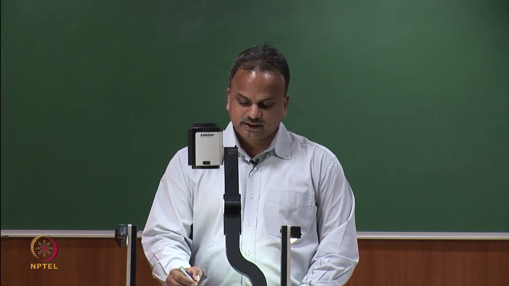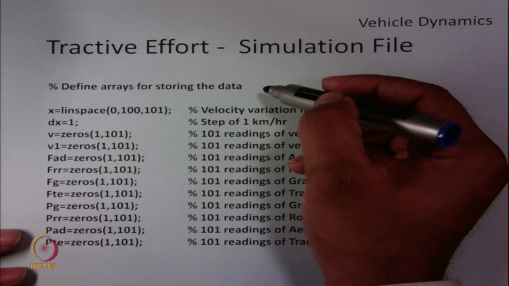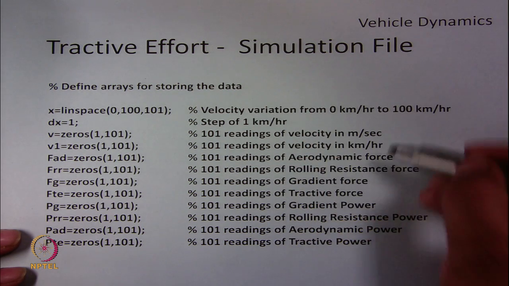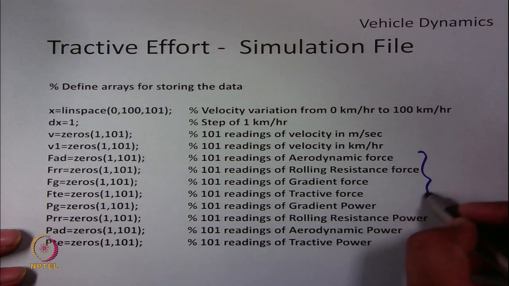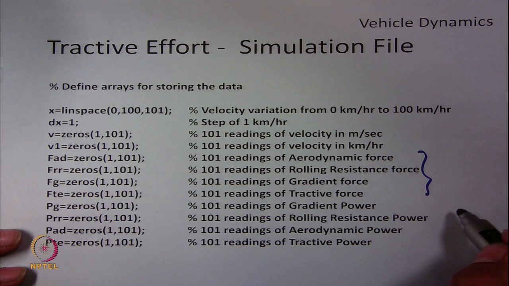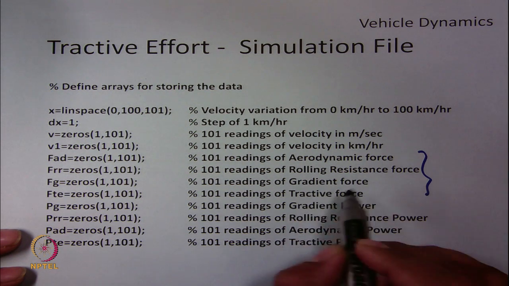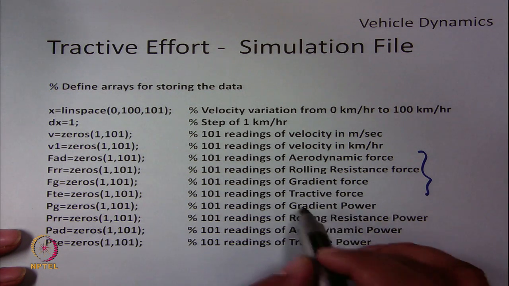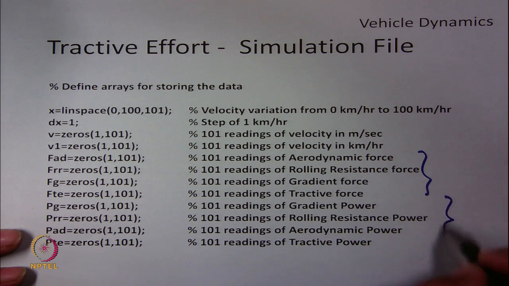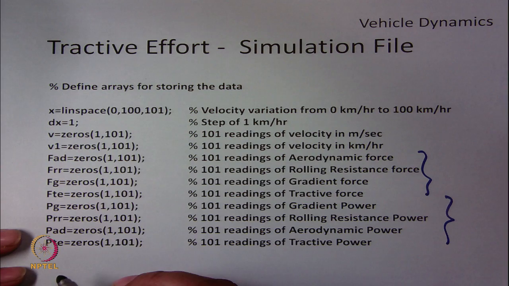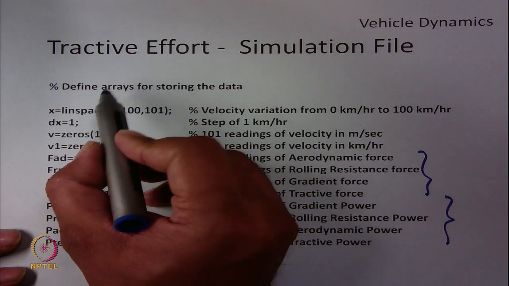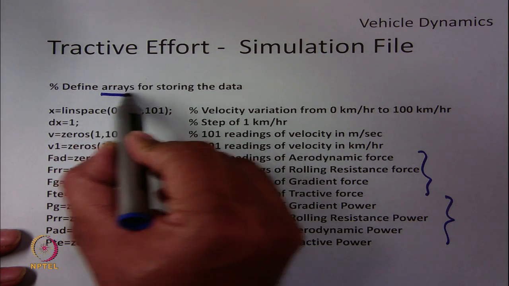Then, since we are plotting all the powers and the forces, these are the forces due to aerodynamic force, rolling resistance, gradient, and the total tractive force and power. We have to define all these variables, and also we have to define arrays because we need to store a lot of data.